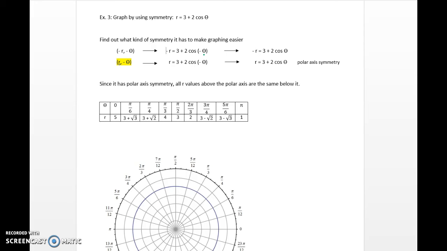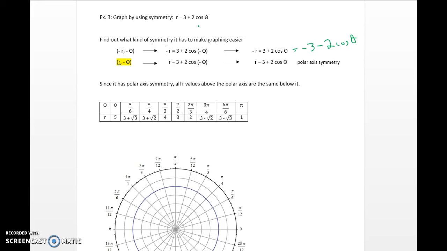But because cosine is an even function, that doesn't matter. So we end up getting negative r equals 3 plus 2 cosine theta. Or we can say that's negative 3 minus 2 cosine theta. That's what r is going to equal. That is not our original equation, so this is not the type of symmetry we have.